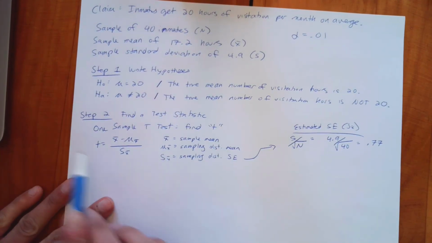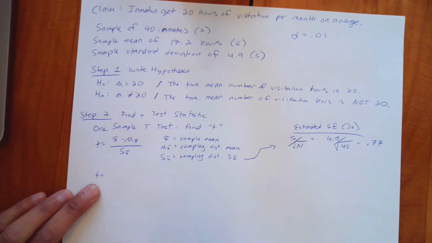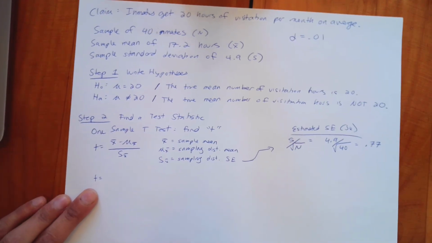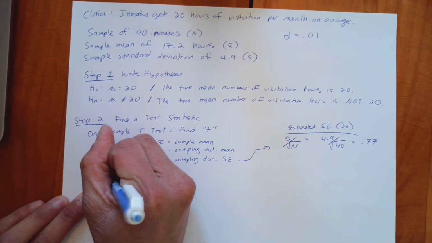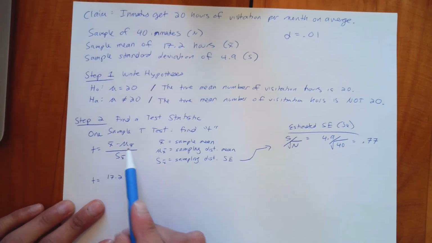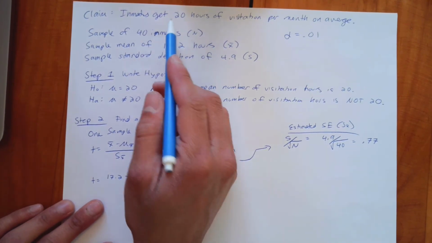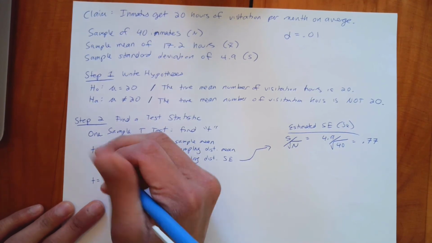Now we can plug everything we got into our test statistic equation and get our t-statistic. So we have a sample mean of 17.2. We're subtracting our sampling distribution mean, which is 20, what we're getting from our null hypothesis.